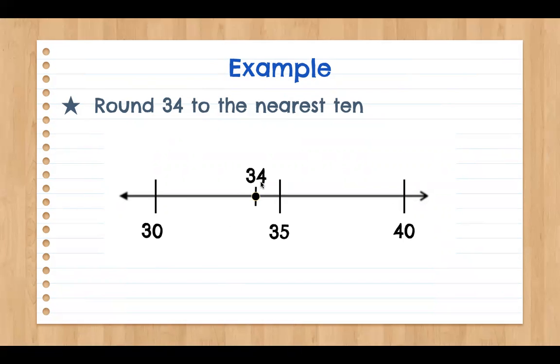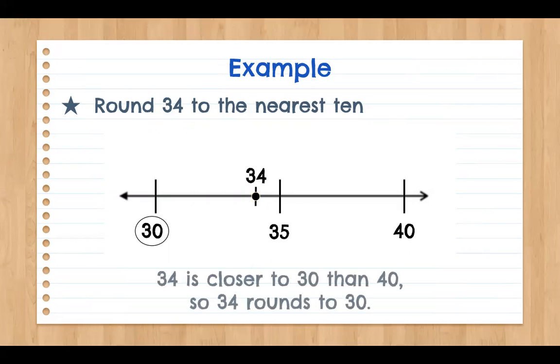Remember, 4 is 4 or less, so we let this number rest, right? So is 34 closer to 30, or is 34 closer to 40? It's closer to 30, right? So 34 is closer to 30 than 40. So 34 rounds to 30.